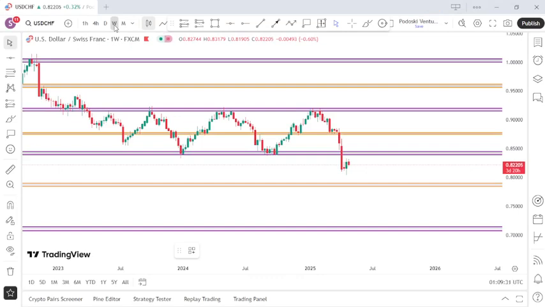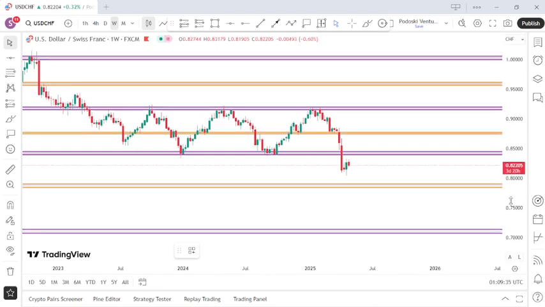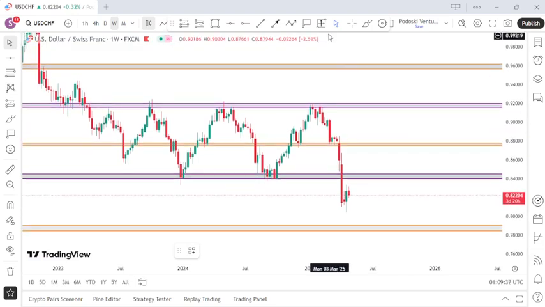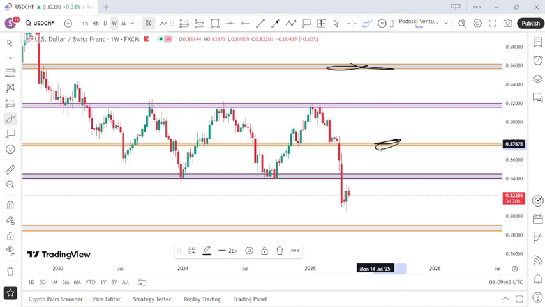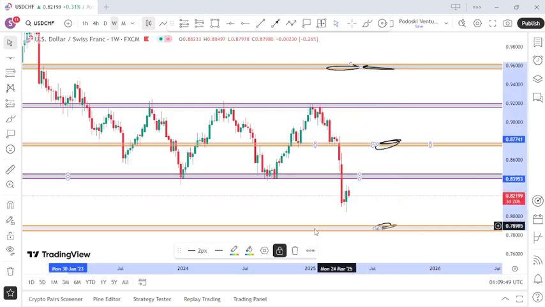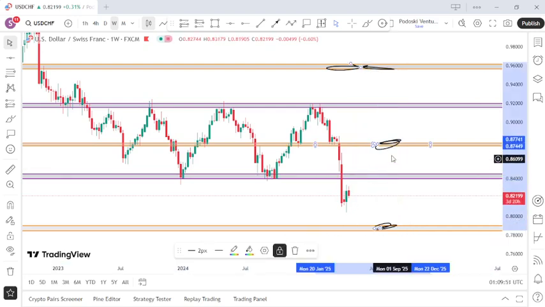On the weekly time frame, I have my weekly upper zone here, my weekly midway zone, and my weekly lower zone. So on the weekly time frame, we could all see that price is definitely in a downtrend.